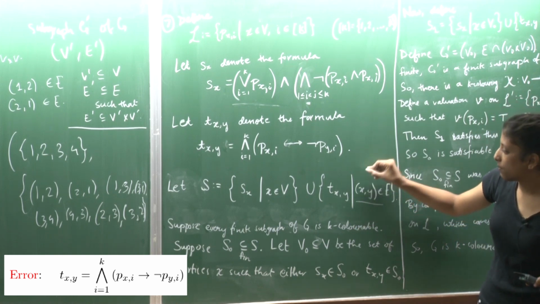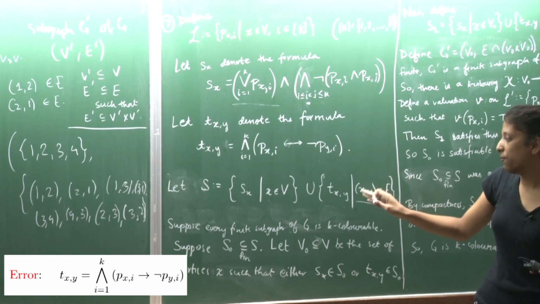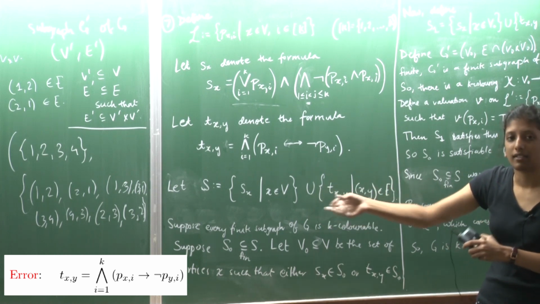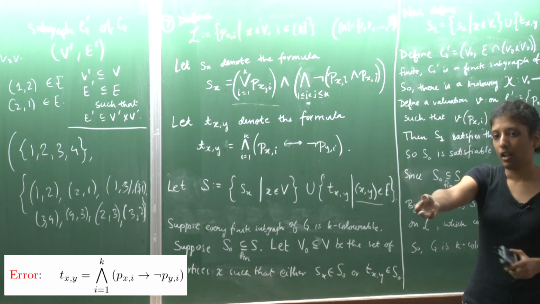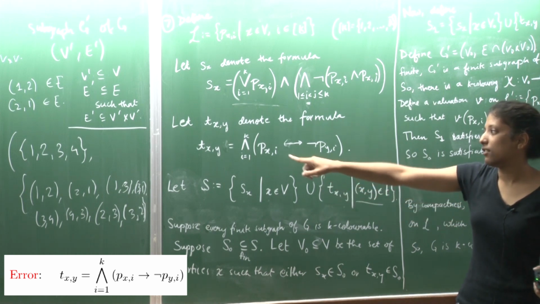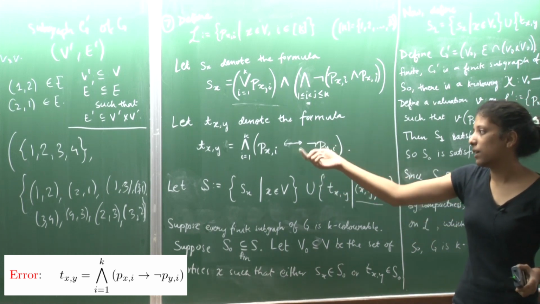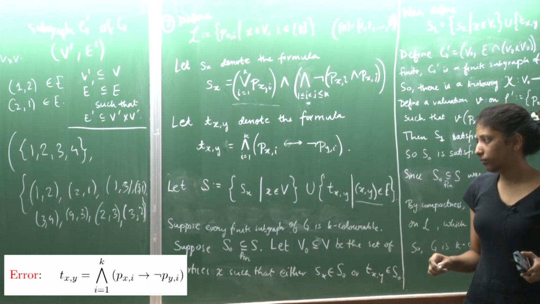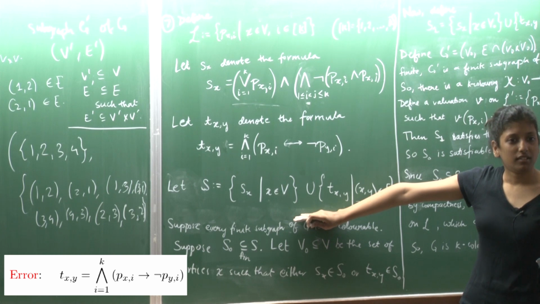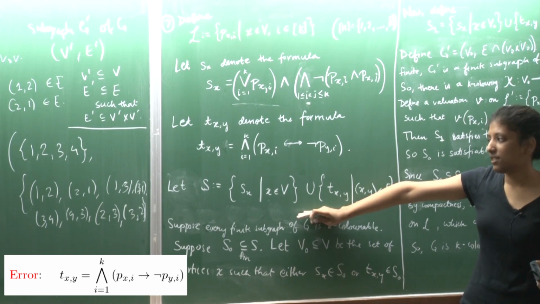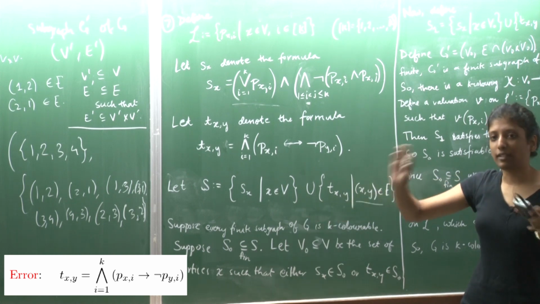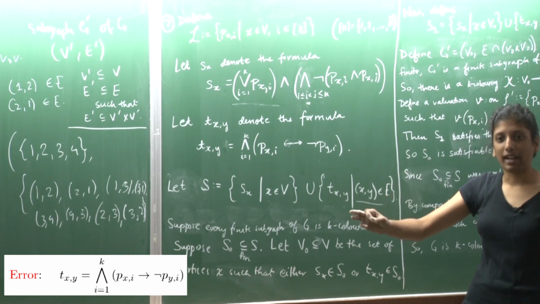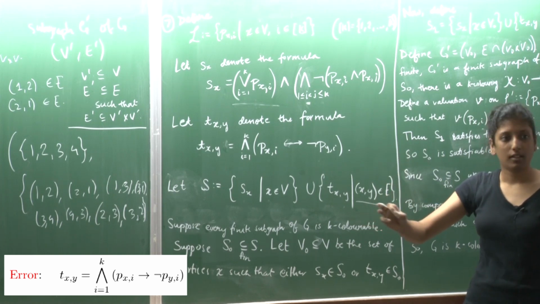And because E is symmetric, Tyx is also going to be here. So as Sriram said, you don't really need both sides. You can have one and it would be fine. Any questions still here? What is this set S? Does everybody understand why we have defined S like this? Okay.